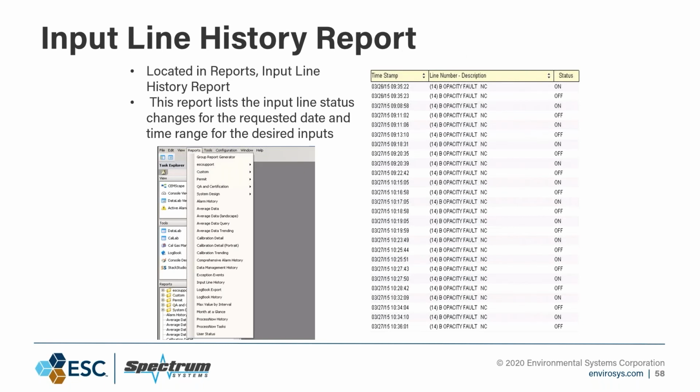And from there, you can run an input line history report. Look at input 14 and you'll notice that input 14 is chattering quite a bit. So it usually indicates some sort of problem with the contact on your opacity analyzer.